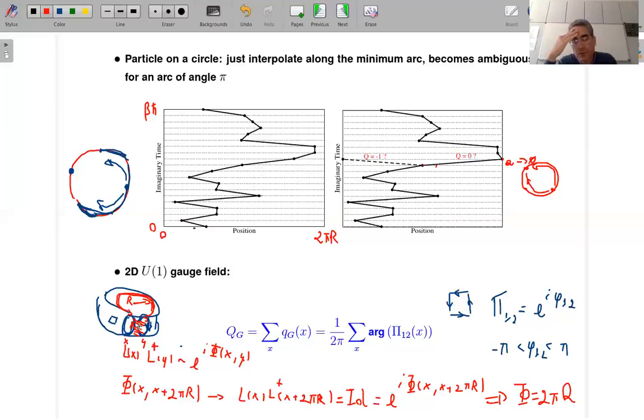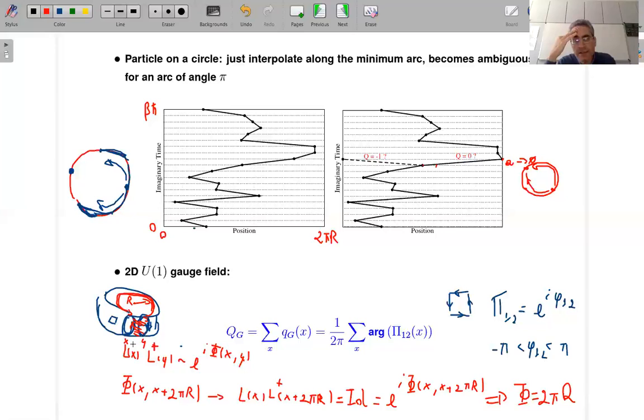I was trying to interpret your idea about these non-trivial circles going around the torus in 2 dimensions. And actually, yes, you can use this idea to derive again the fact that the space of U1 gauge configurations has a non-trivial topology in this way.